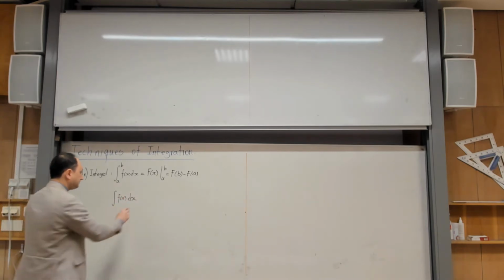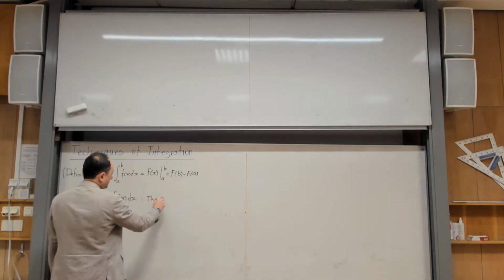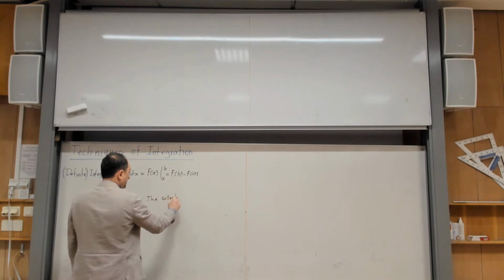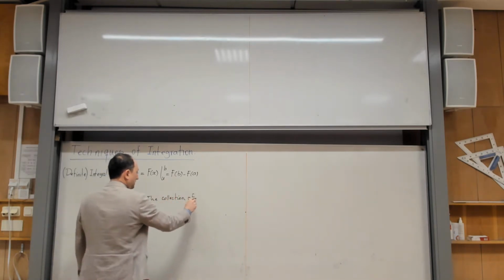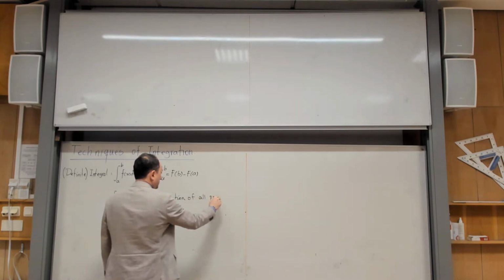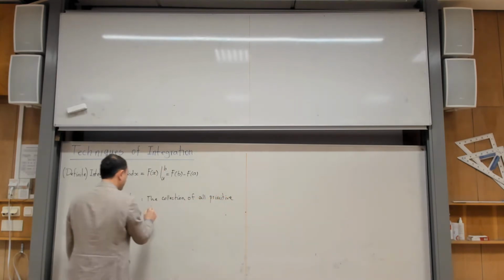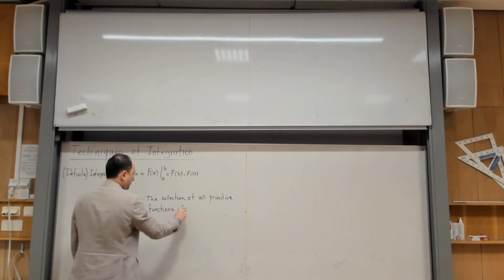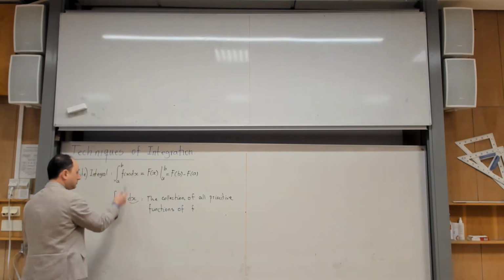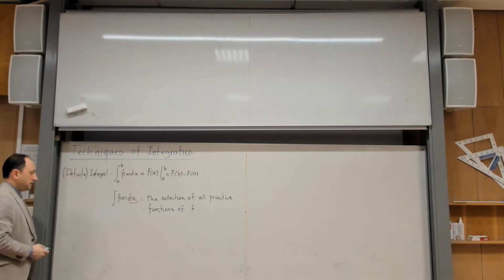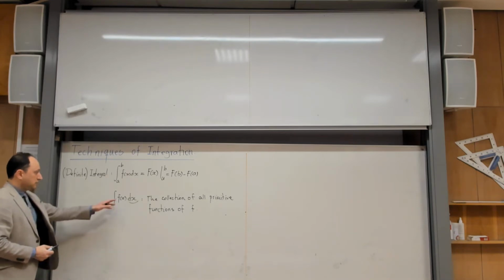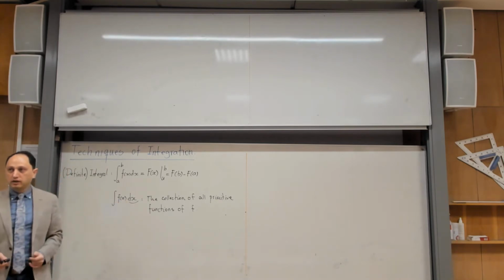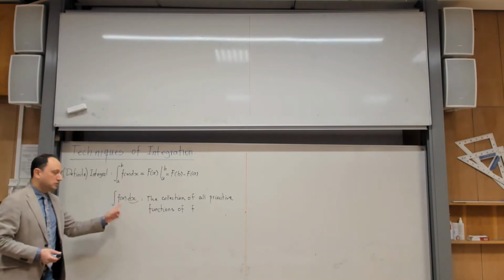So this means the set, or I don't know how to call it, the collection of all primitive functions of little f, yes? And here, the role of this dx is just to make clear which variable you are working with. Might be in the definition of f of x you have more than one letter. So this tells you that the variable is x, not the other.